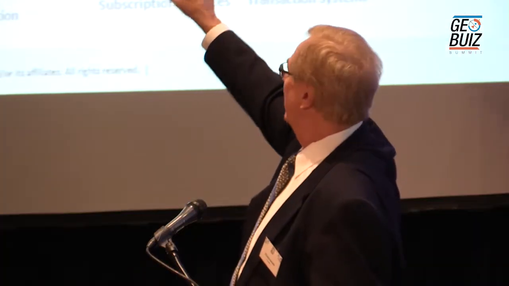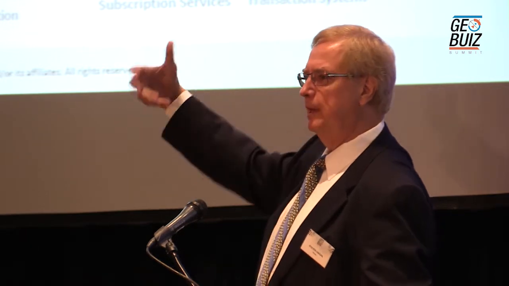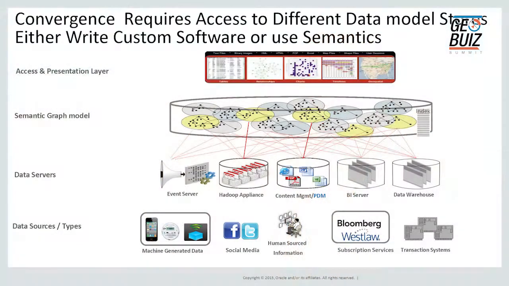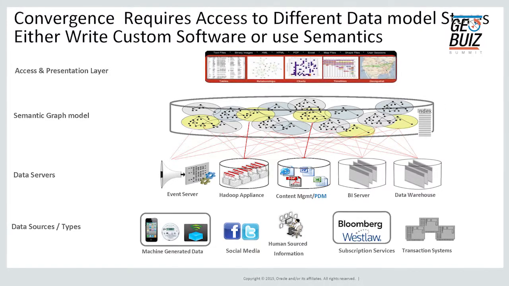How do I get that out so different people can use it? Then the semantic graph model comes in between, and it knows how to talk to each of the physical stores, but then it remaps the data to the way the person trying to analyze the data is looking at it. That way you bring out the terminology you want, even though it's in a different persistent store.